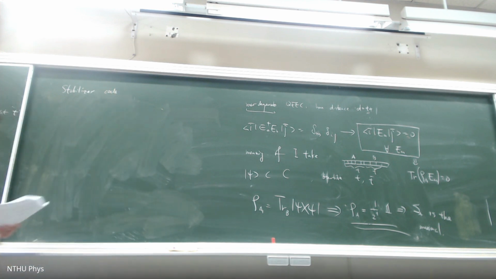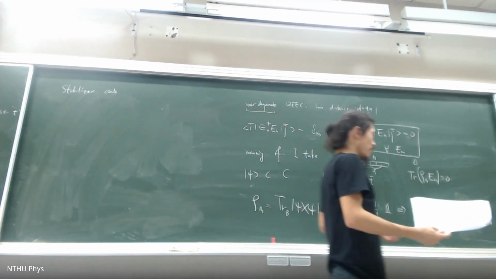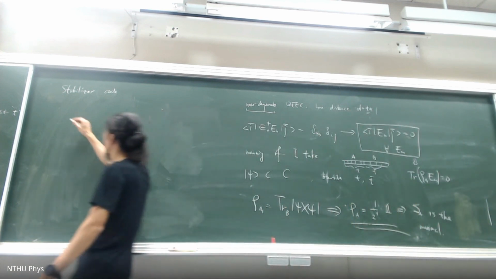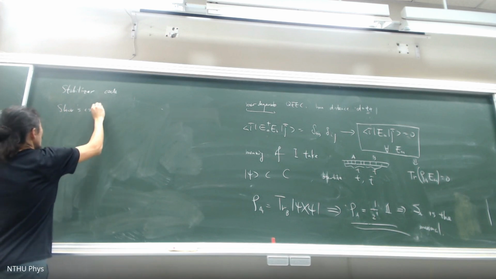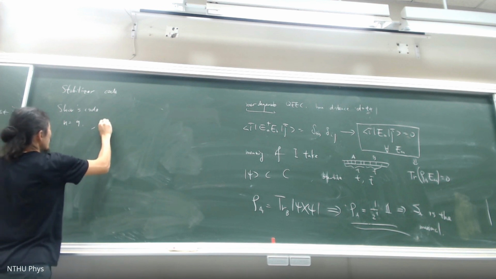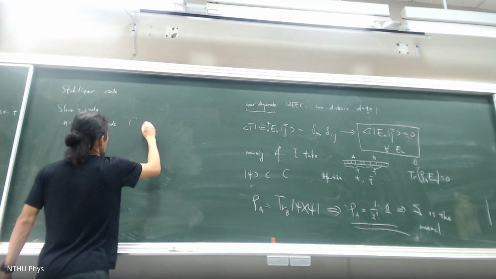As we showed or talked about in the previous lecture, for example, this majority code, the Shor code, we have 9 qubits, but we only encode 1 logical qubit.